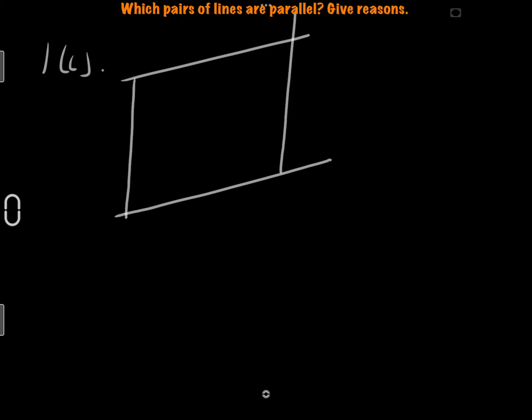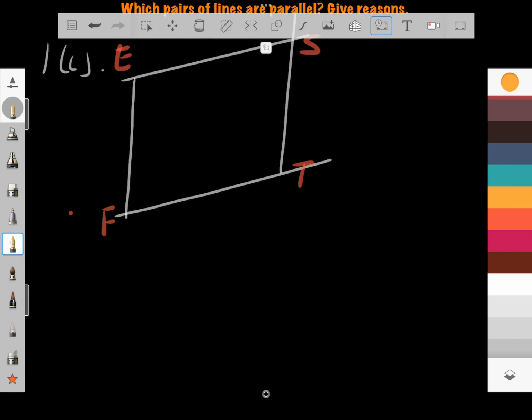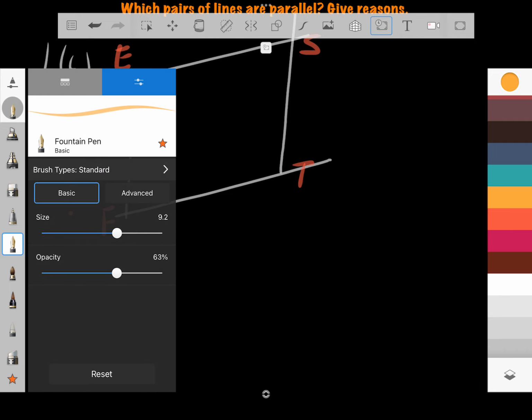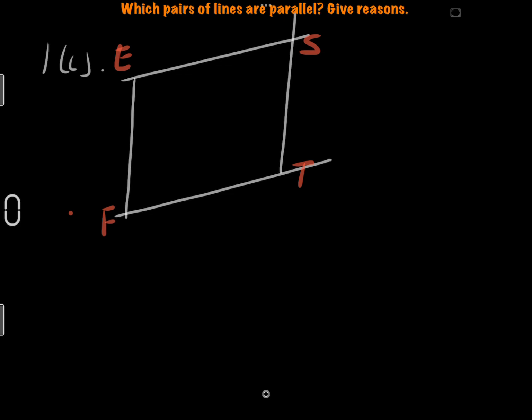We have angle E, angle S, angle T, and angle F. Just to highlight these angles, we have E1 and angle E2, angle F1 and angle F2, angle T1 and angle T2, angle S1 and angle S2.